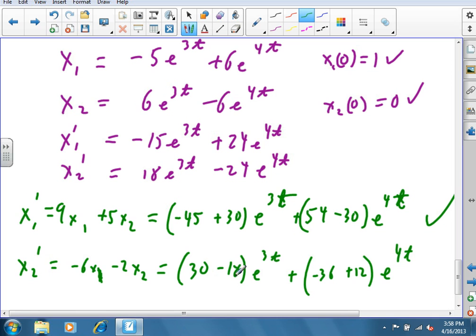And here I'm supposed to have 18 there. Why don't I have 18 there? 30, this is a 12, that's why. Okay, 30 minus 12, so I got 18 there, I got minus 24 there, check. So that checks as well.